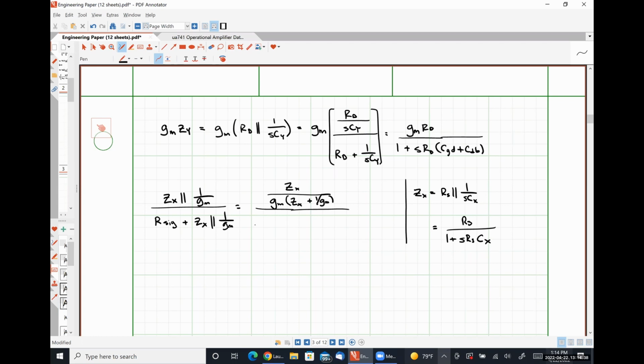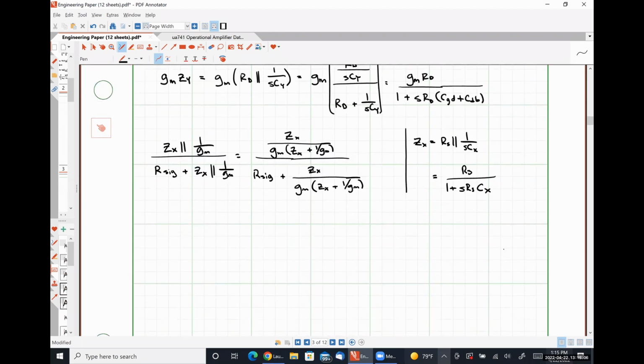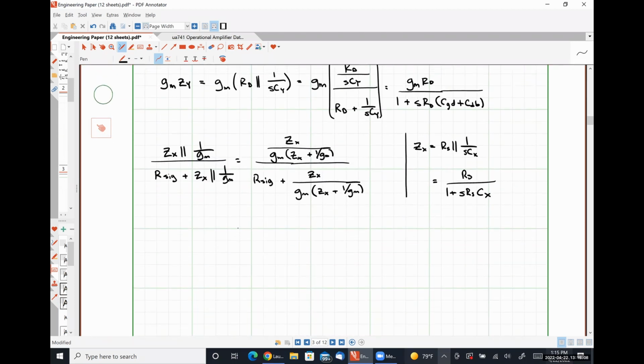And then down here, we're going to have R sig plus that same thing, ZX over GM times ZX plus 1 over GM. And now further algebraic manipulation.